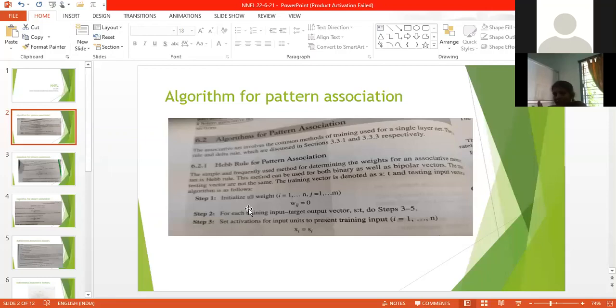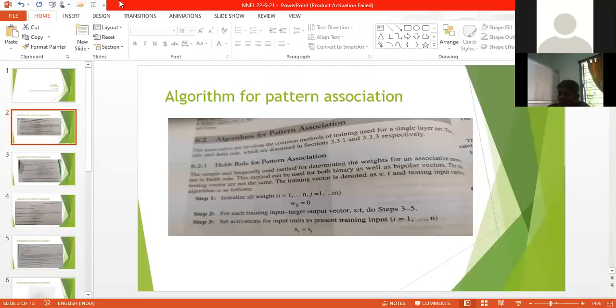Here in pattern association, the first thing we'll be learning is Hebb rule for pattern association. I'll mention simple problems also so that it will be easy and understandable for you all to learn.